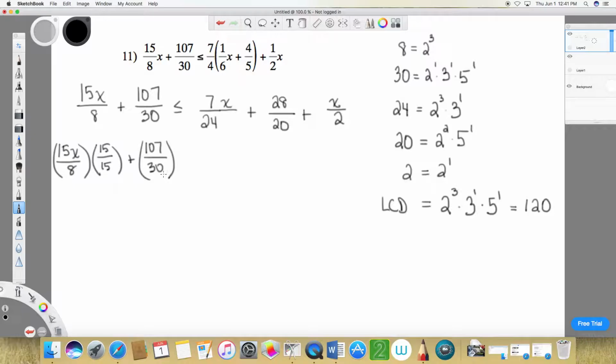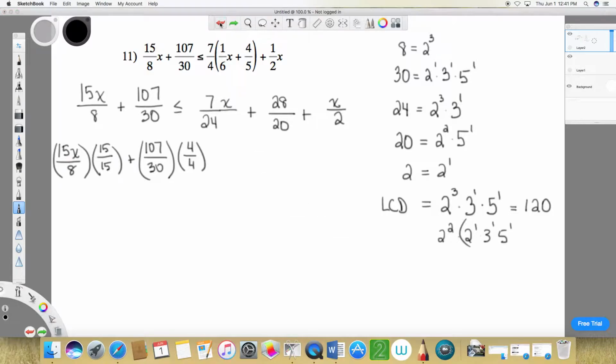And I can just see that 30 times 4 is 120. So 4 over 4. But I could come over here and look at this as well and say that 6 times 5 is 30, and 2 squared is 4.